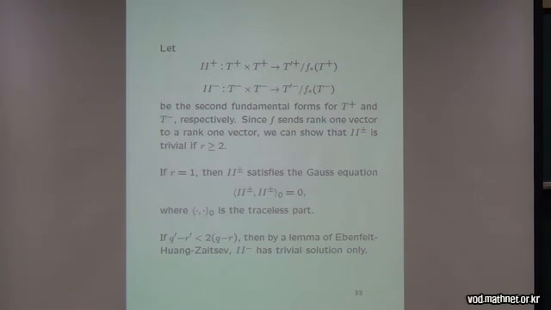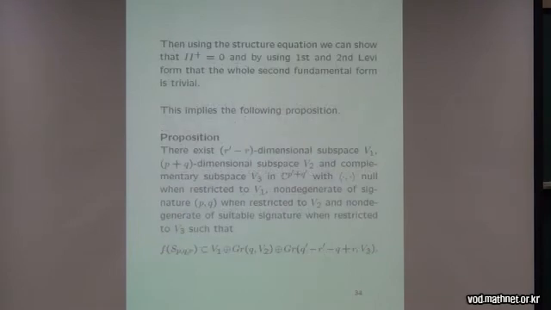Then the real direction is left, but we can generate the real direction by taking the bracket. That means the complex direction actually determines everything. Therefore every second fundamental form is trivial.